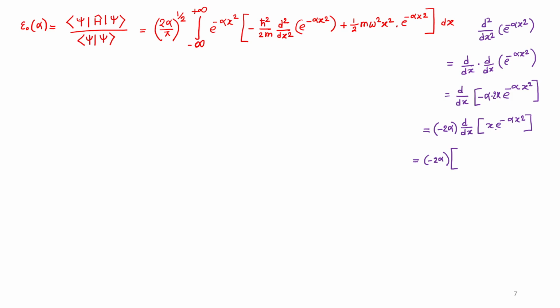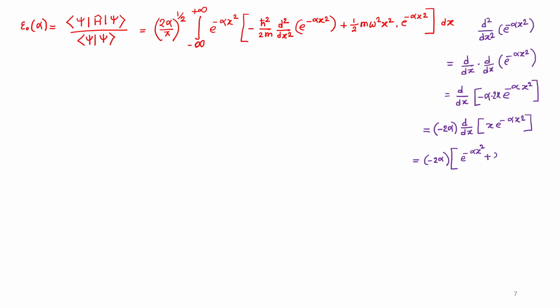Once we differentiate with respect to x, the exponential term will be constant, and at another time we make x constant and differentiate the exponential term. So first let us differentiate x. The differentiation of x is 1, so we are only left with this exponential term.